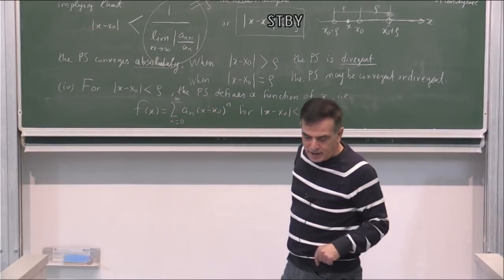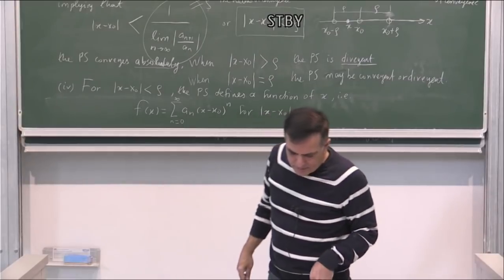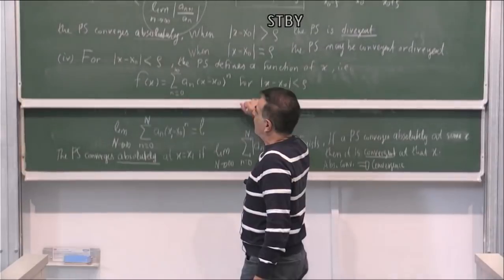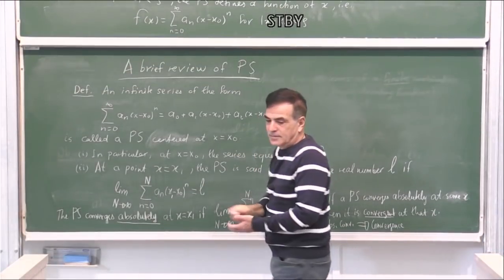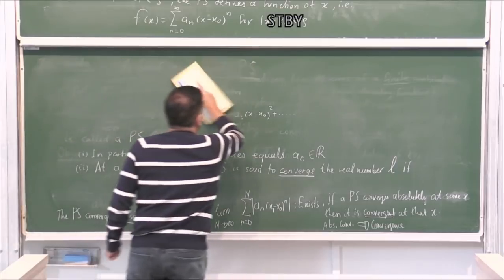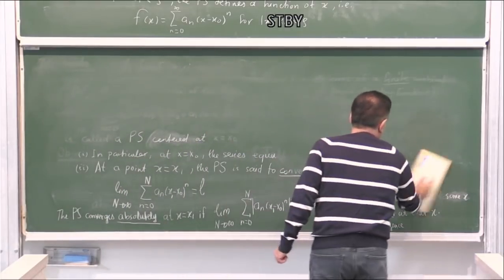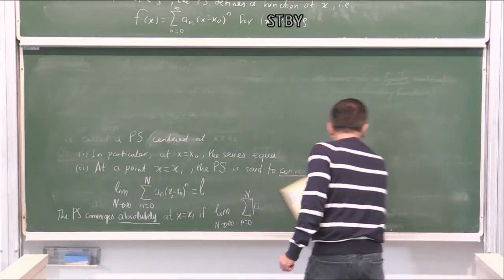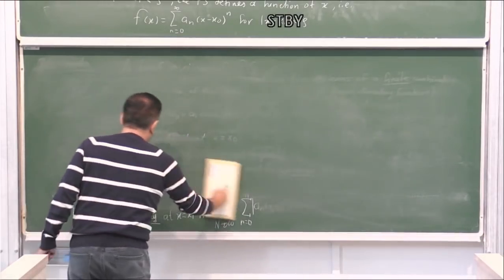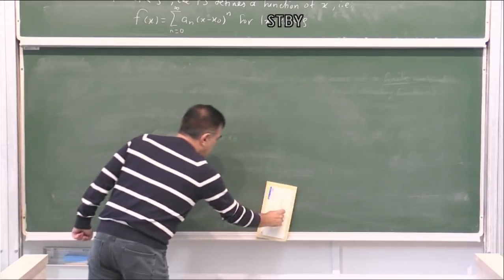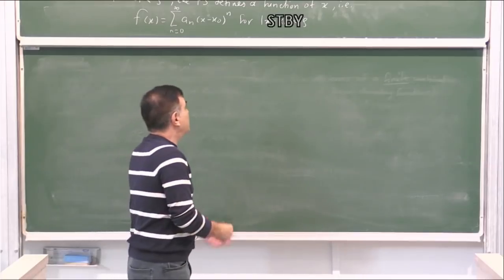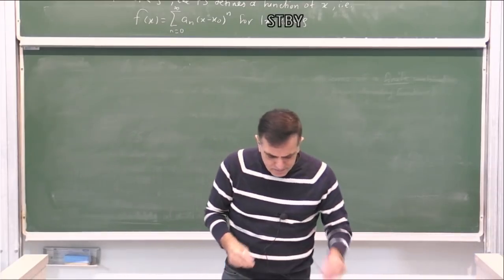It is a finite number. This function is infinitely differentiable. That is important for us. Infinitely many times differentiable. So we can take the derivative of that function term by term, or similarly, we can integrate the power series term by term.